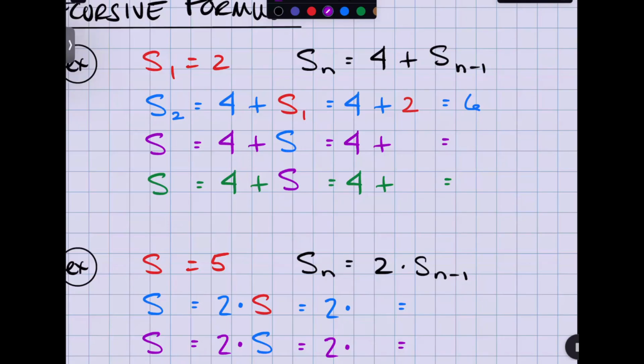And to find S sub 3 is 4 plus my previous term, which is S sub 2. Well, I know S sub 2 is 6, so that means S sub 3 is going to be 10. And to find S sub 4 is 4 plus the previous term, which is the third term. And the third term was 10. So that's why I know that the fourth term is going to be 14.